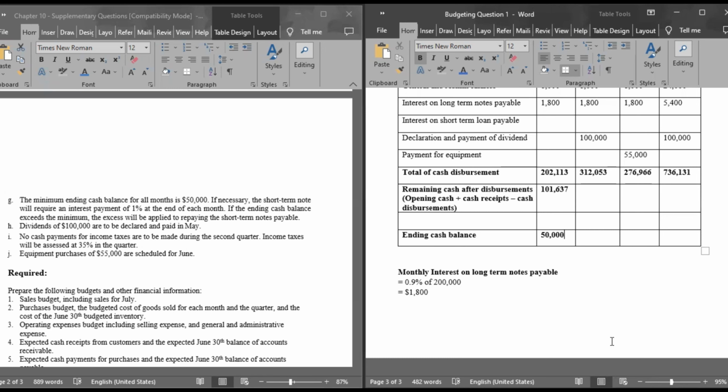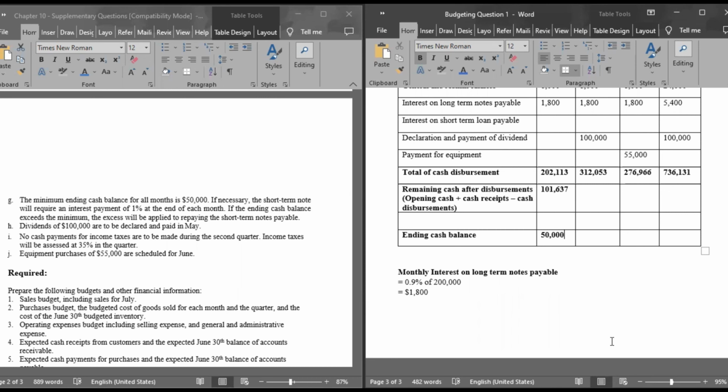So I'm just reading it again. The minimum ending cash balance for all months is 50,000. If necessary, short-term notes will require an interest payment of 1%. If we borrow the amount from the short-term note, then we need to place 1% interest on that amount.